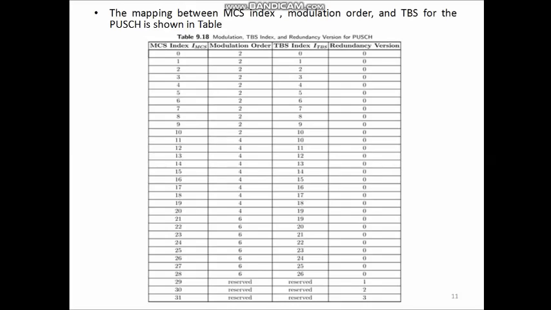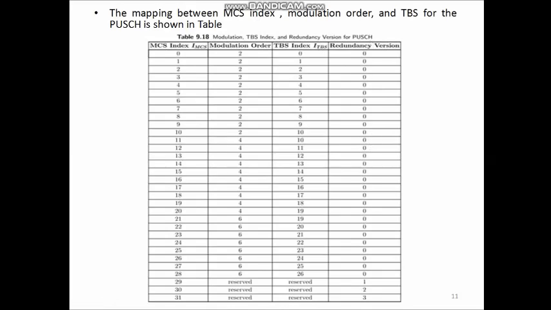So, in the first column we have the modulation and coding scheme index, then in the second column there is the modulation order, then the transport block size index is given in the third column, and the HARQ redundancy version is given in the fourth column. So, redundancy versions 0, 1, 2 and 3 are shown here. That means I_MCS also indicates the HARQ redundancy version in the PUSCH.